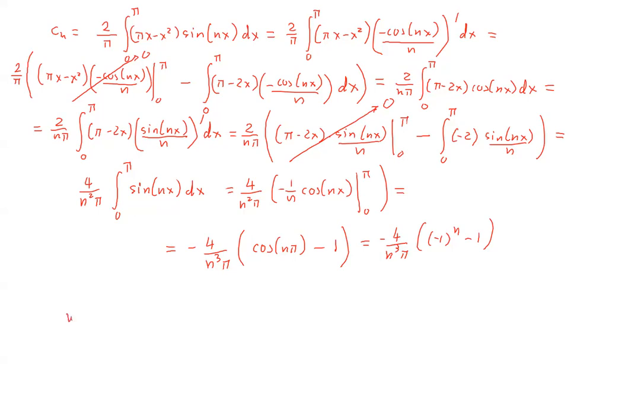So we can write down that u of x comma t is going to be the sum from n equals 1 to infinity of negative 4 over n cubed pi times negative 1 to the n minus 1 sine of nx times e to the negative 3 n squared t. And that's our solution. Again, here, of course, we can be quite specific as to where the solution is valid: for x between 0 and pi and t greater than or equal to 0.